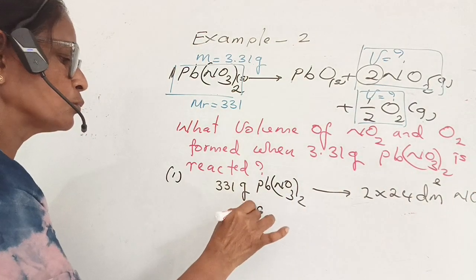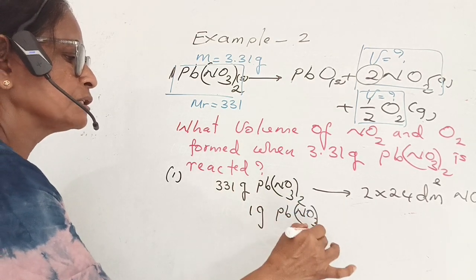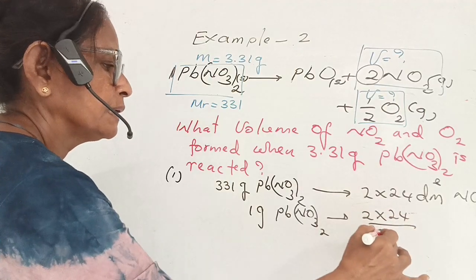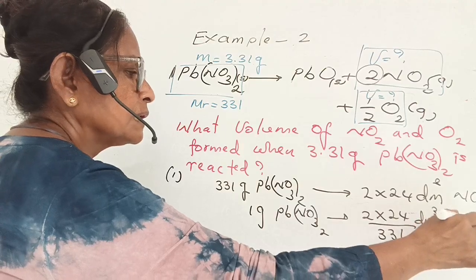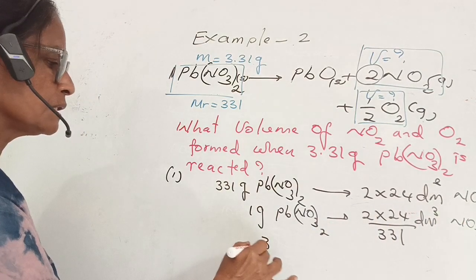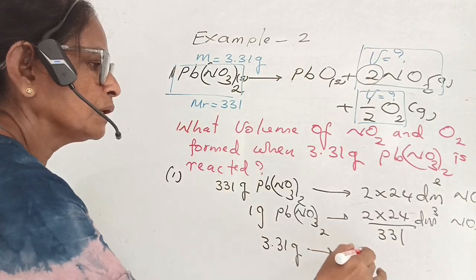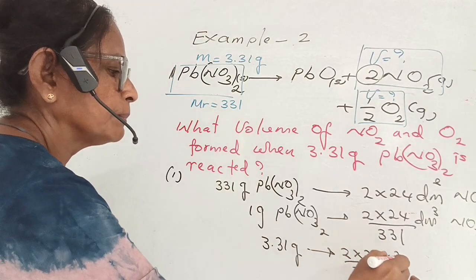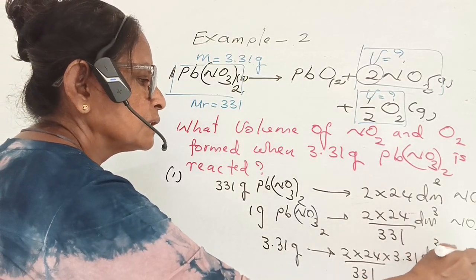When it uses 1 gram of lead nitrate, it produces 2 times 24 divided by 331 decimeter cube of nitrogen dioxide. Now it uses 3.31 grams. So the answer becomes 2 times 24 divided by 331 multiplied by 3.31 decimeter cube of nitrogen dioxide.